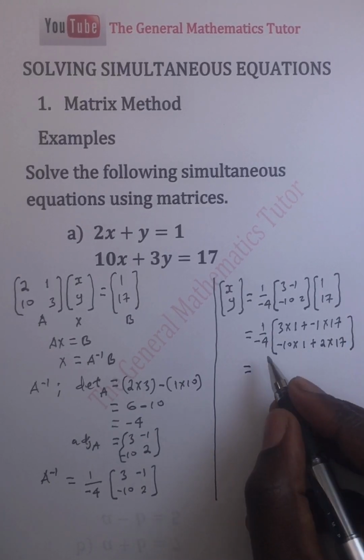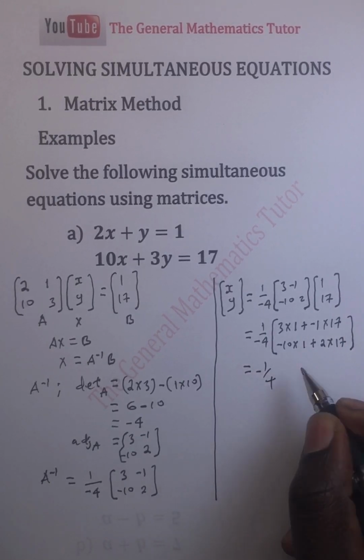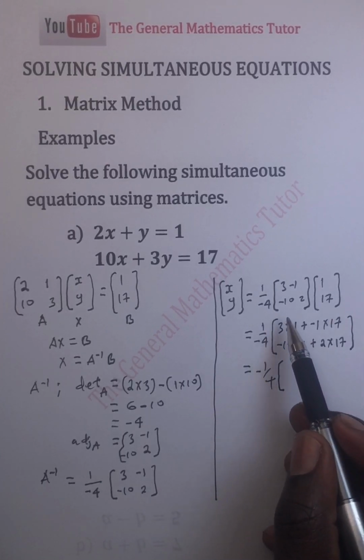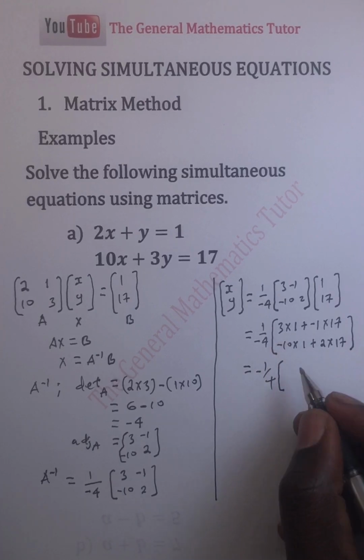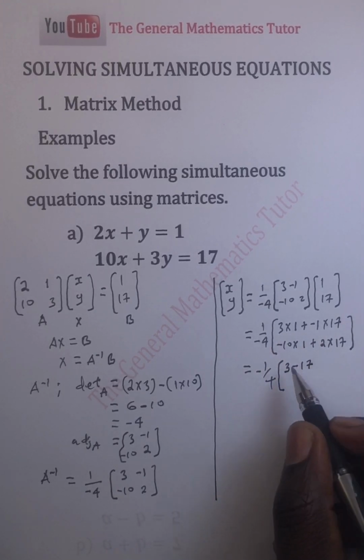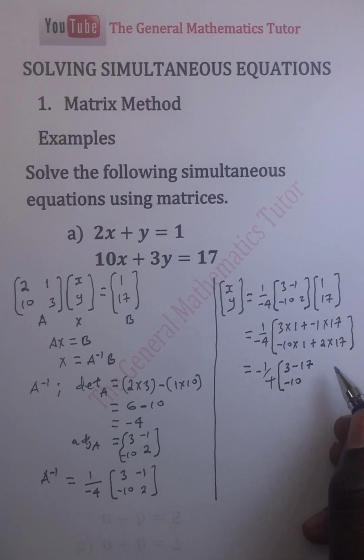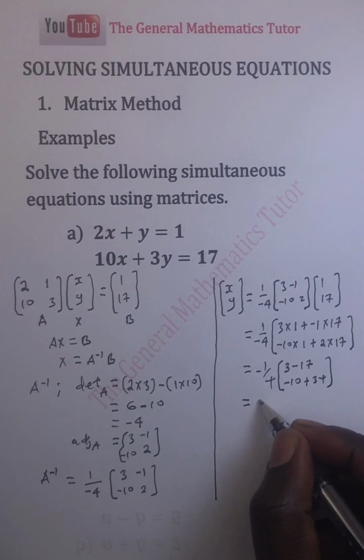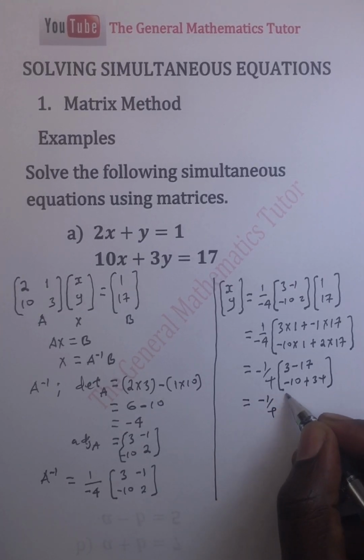So we can simplify that so that we have the matrix as, this is 3 times 1, which is 3, minus 17. Then we have negative 10 plus 34, which can be simplified to be negative 1 over 4.